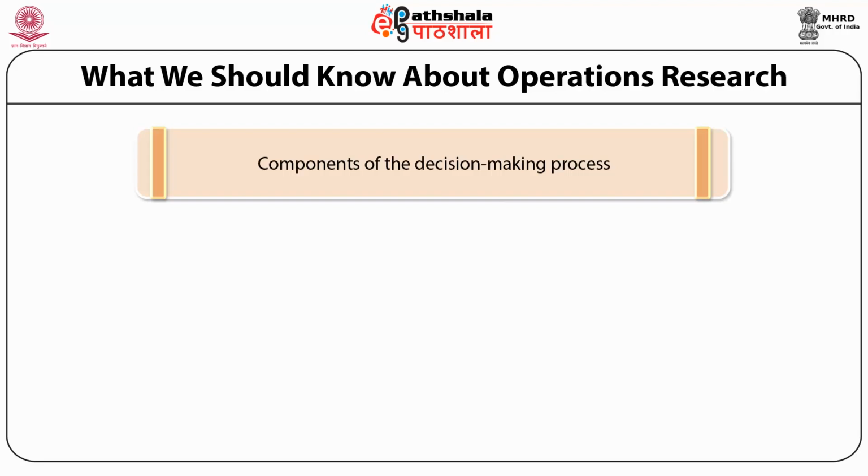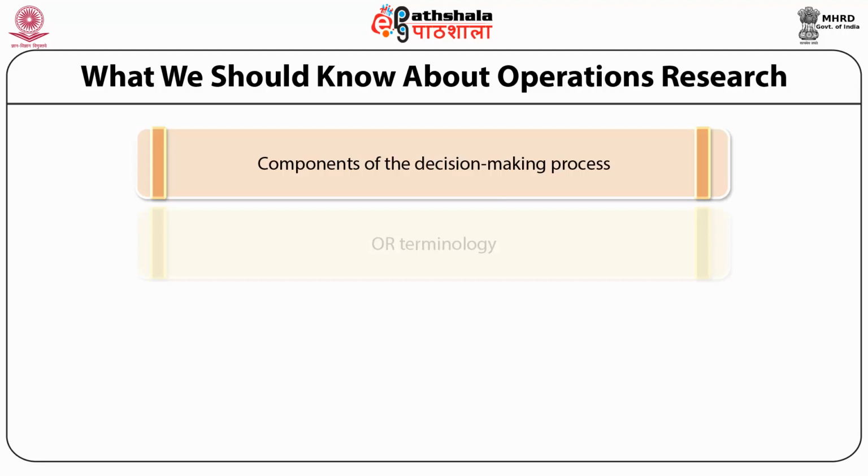For example, we have the top, middle, and the lower management very visible in most of the organizations. But in library situation, we usually see the top level or the lower level. So components of decision making process have to be identified so that we can reach proper results.